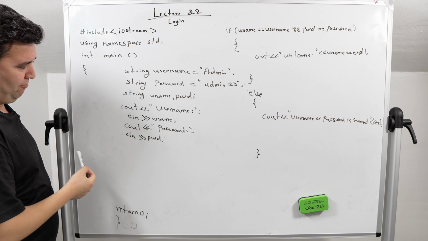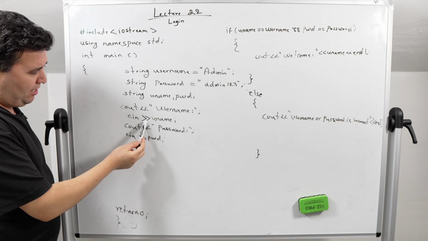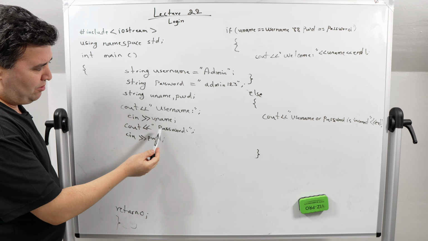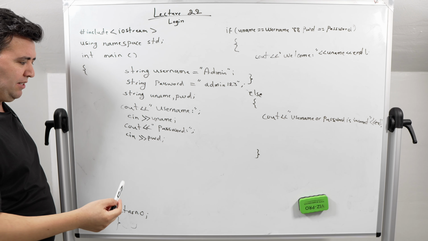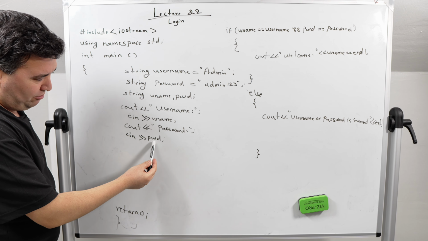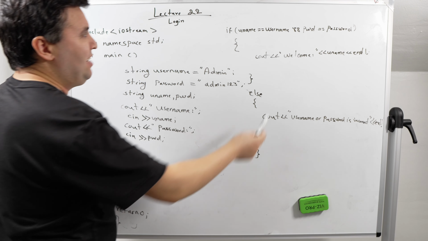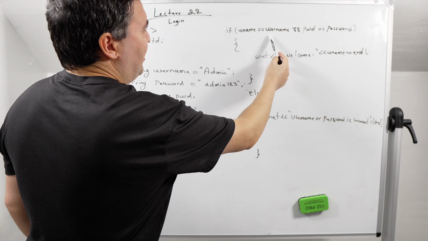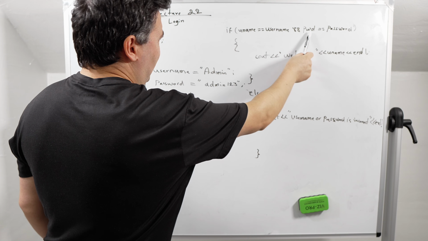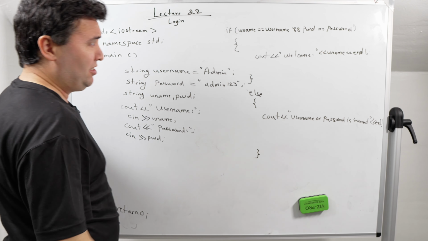We cout username, so enter the username. Whenever the user enters the username, we store it inside the variable uname, and then we cout password. We ask the user to enter the password. When the user enters the password, we store it inside pwd, and then we check if that username is equal to the username we have in the system, and the password entered by the user is equal to the password in the system.